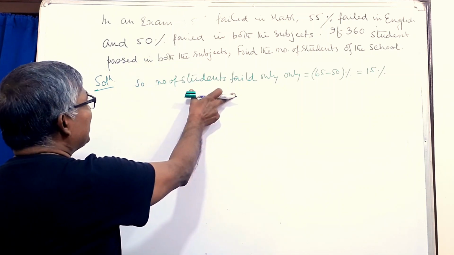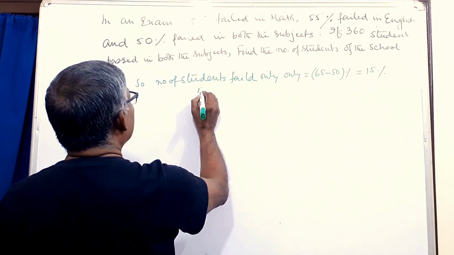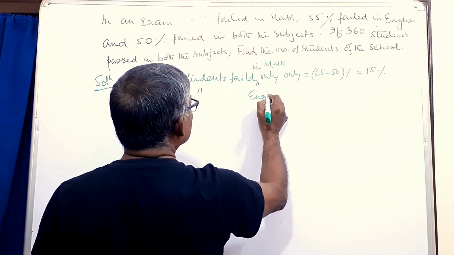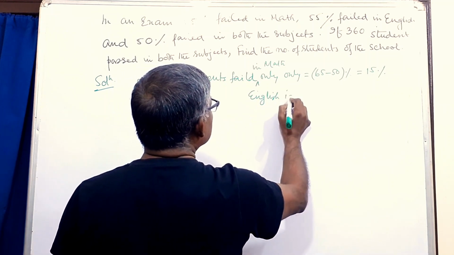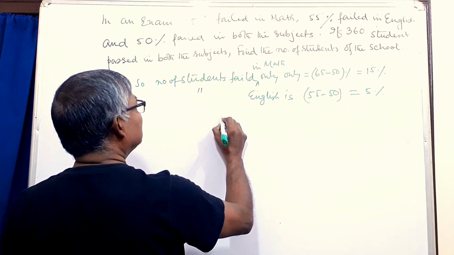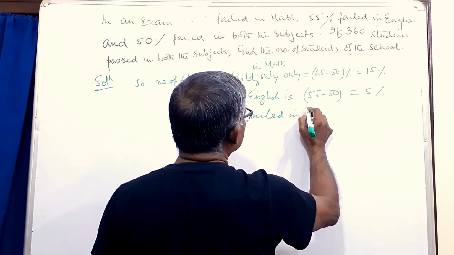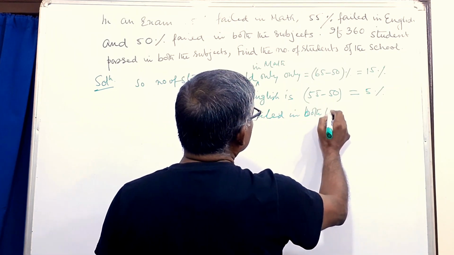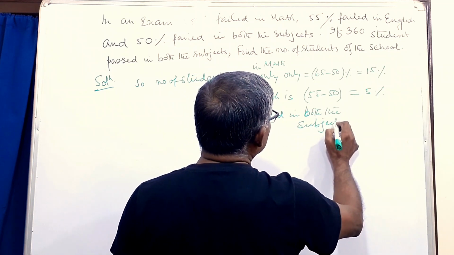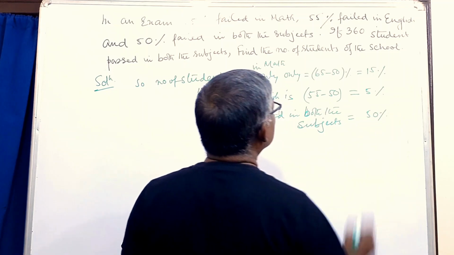So number of students failed only mathematics is 15%. Similarly, number of students failed in English is 55 minus 50 is 5% and failed in both the subjects equals to 50%.